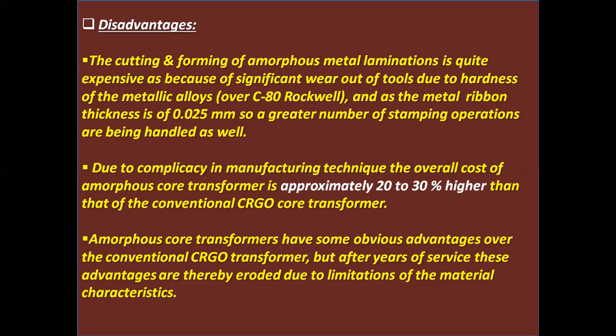And as the metal ribbon thickness is of the order of 0.025 millimeter, a greater number of stamping operations have to be handled as well. Due to complexity in the manufacturing technique, the overall cost of an amorphous core transformer is approximately 20 to 30% higher than that of the conventional CRGO core transformer.